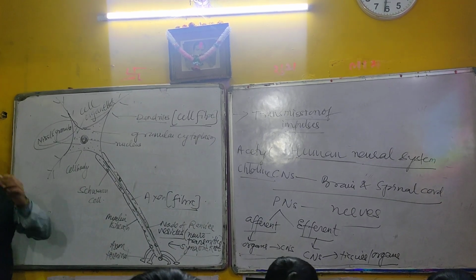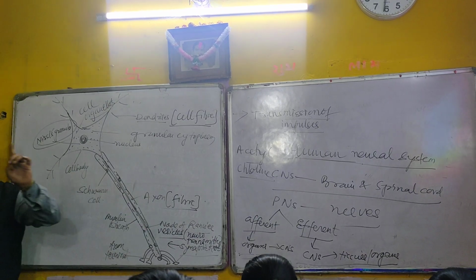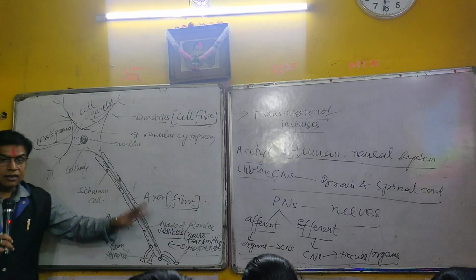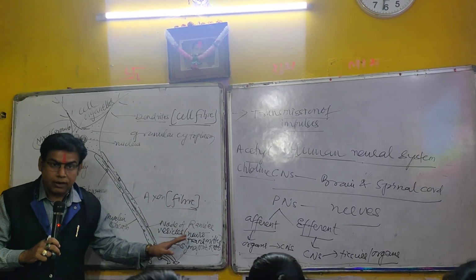Clear? Axons also have a basic function, and what is that basic function? Axons transmit the nerve impulses away from the cell body.